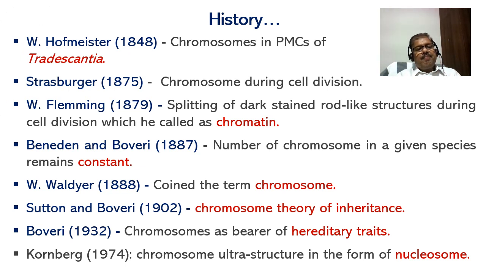Now, history. It was Hofmeister in 1848 who discovered chromosomes in the dividing pollen mother cells of Tradescantia.